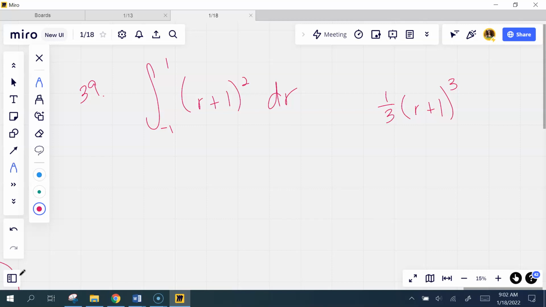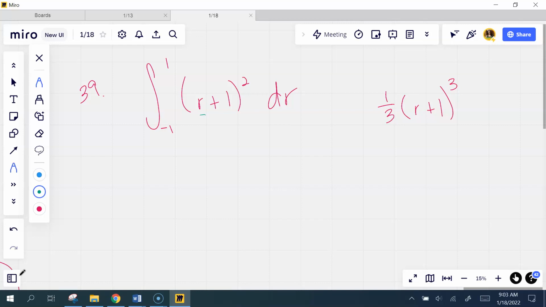Because it's like a 1 and then it'll get squared. It would not work if it looked a different way, right? Then I would be into a chain rule type situation. But because the derivative of r is just 1, yes, it works. You'd have to multiply by the derivative of the inside. We'll get into that when we do substitution.